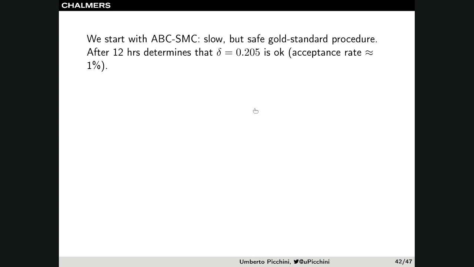So what the ABC SMC gives us is that after 12 hours, it finds an optimal delta. And by optimal, following their approach, we mean a 1% acceptance rate. So it decreases for 12 hours, and then it finds this delta automatically. And we consider the inference that we obtain as our gold standard inference from ABC SMC.